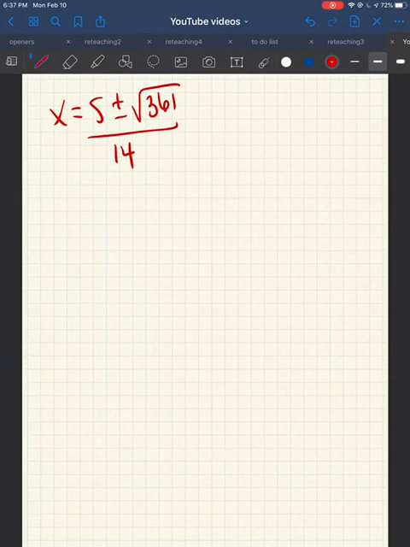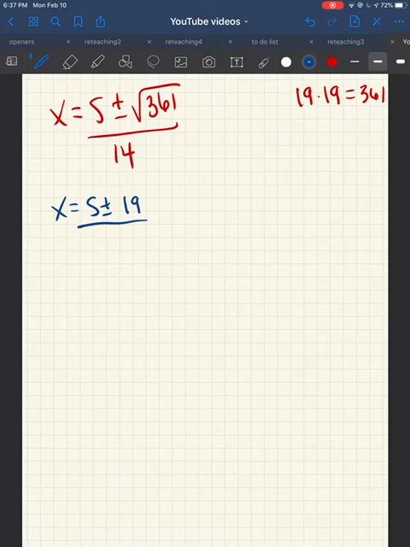Okay, so I know the square root of 361 right off the bat, so I can simplify that. Square root of 361 is going to be 19 times 19, 361. So that would be a perfect square. So we then have x equals negative 5 plus or minus 19 divided by 14.